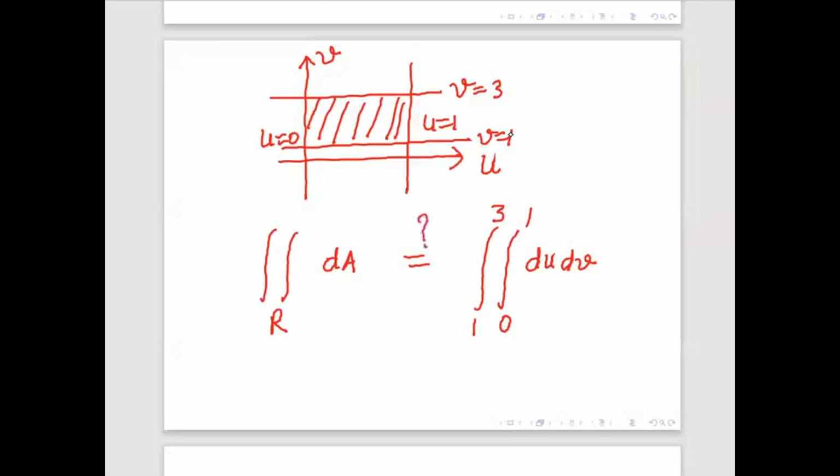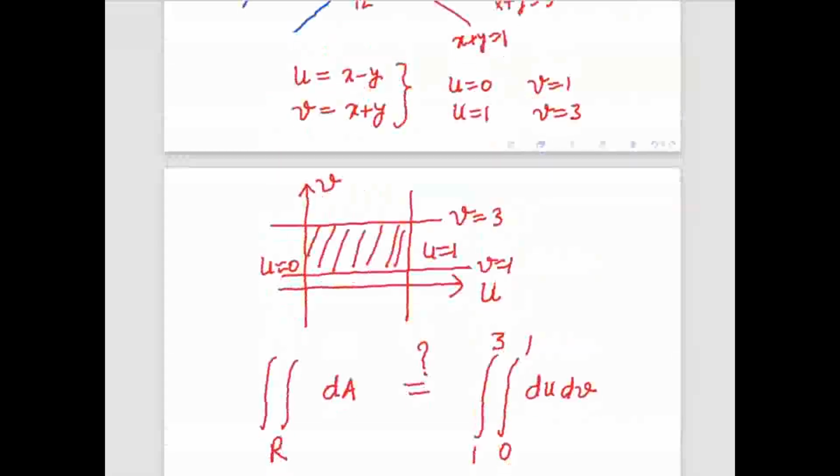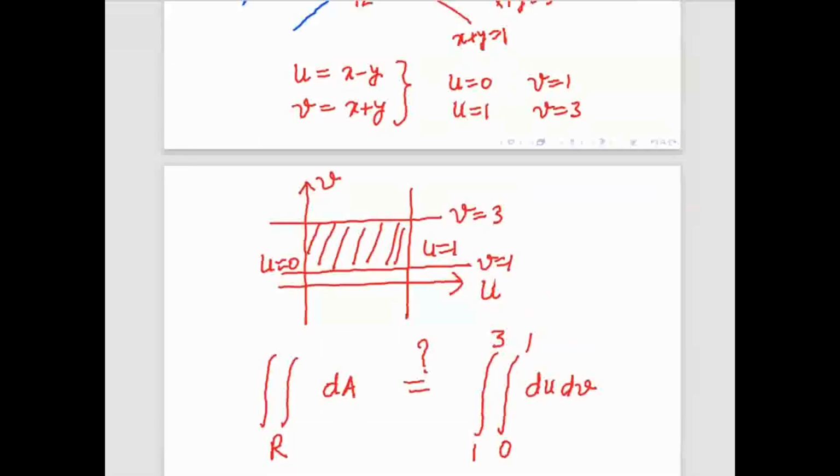So the question is, are both integrations equal? Here du dv is written, here dA is written. dA can be dx dy or dy dx, depending on the limit. Because it is a rectangle, you can change the order: integrate first with respect to u, or with respect to v.